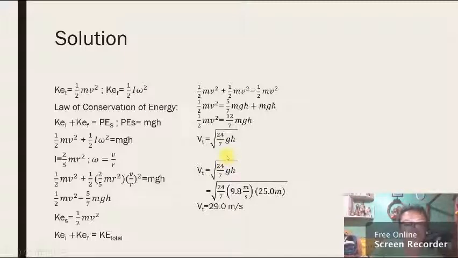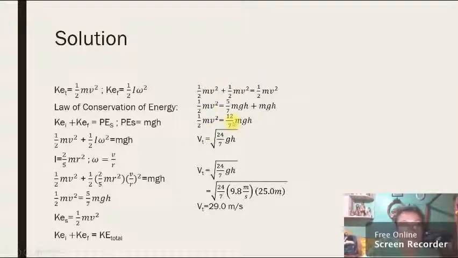So it will be 1/2 mv squared is equal to mgh, and then for the total kinetic energy of the spherical boulder at the bottom of the hill, it is the total KE, plus the translational, plus this one. So the total kinetic energy for the spherical boulder is 1/2 mv squared also. Then here, just plug in.